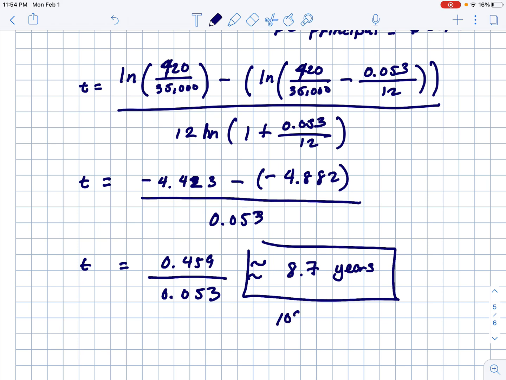Around 104 to 105 months. Okay. All right, that's it for this one. We've got the other one coming up, and that finishes the section. Okay. Take care.